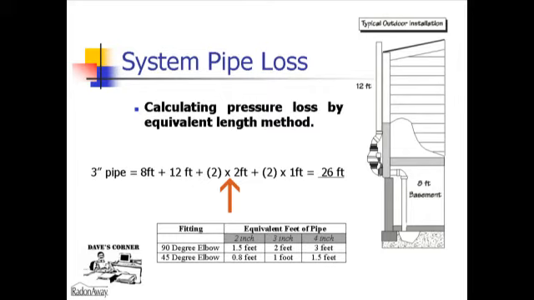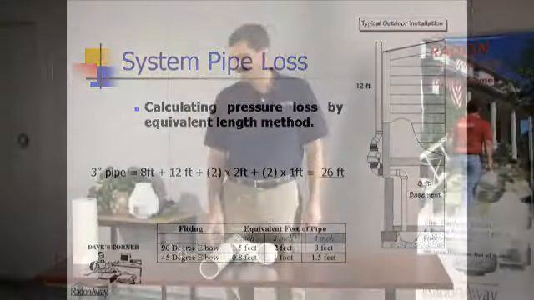We have 2 45-degree elbows, which are the equivalent of 1 foot each. And so if we add those equivalent lengths to the straight pipe of 12 feet and 8 feet, we find our total equivalent length to be 26 feet.